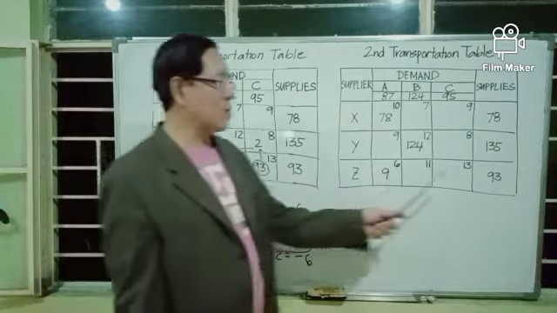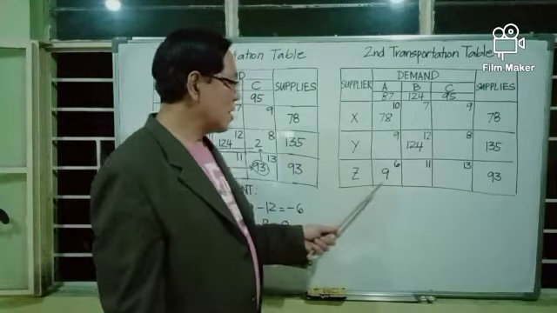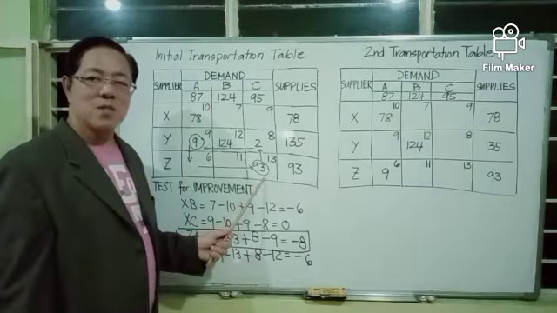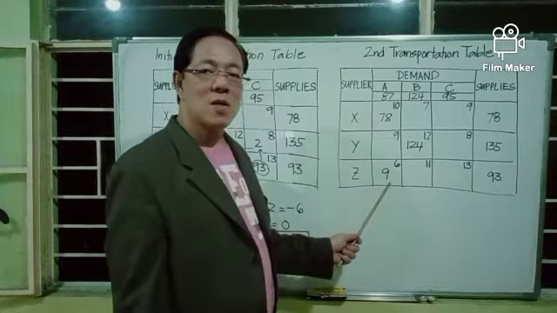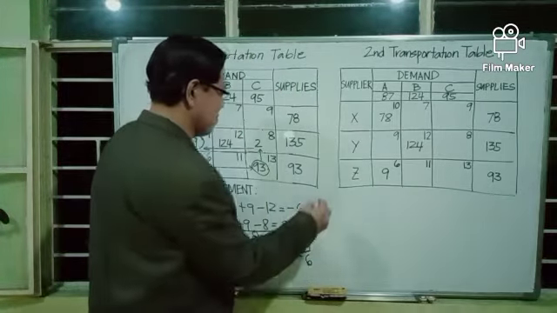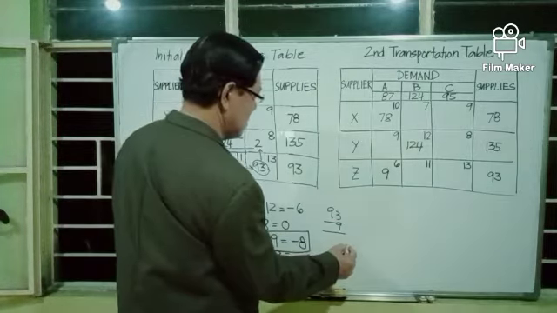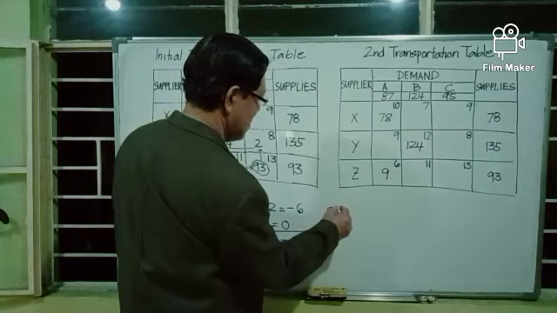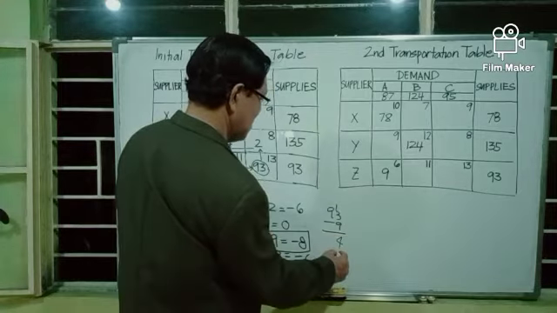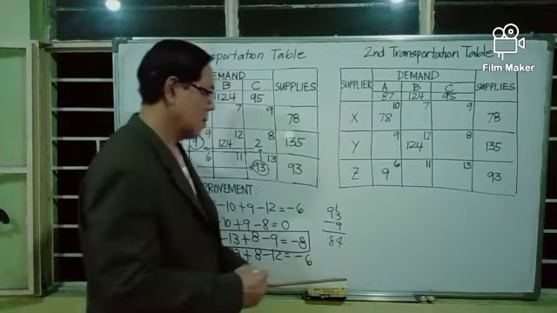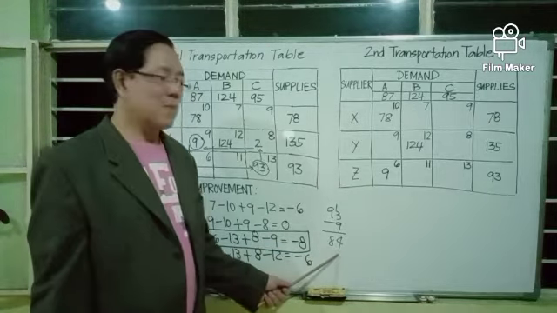That number is equal to 93 minus 9, and 93 minus 9 is 84.